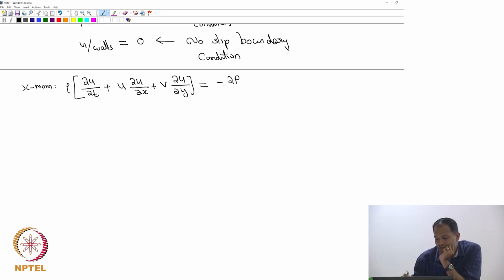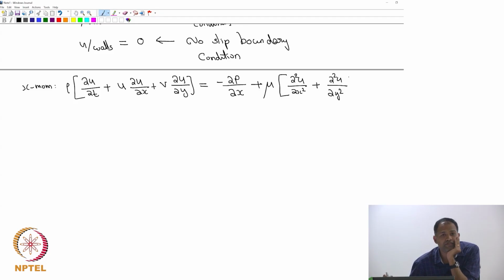minus dou p by dou x plus, so we will right now neglect gravity because we are going to look at things which are going in direction perpendicular to gravity. So we will not worry about g, and then we will have viscous term which will be mu into del square by del x square, is that correct?